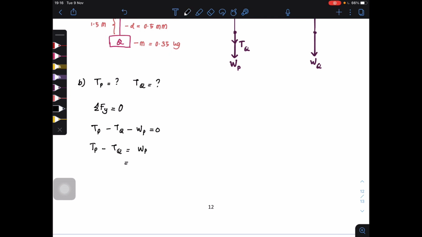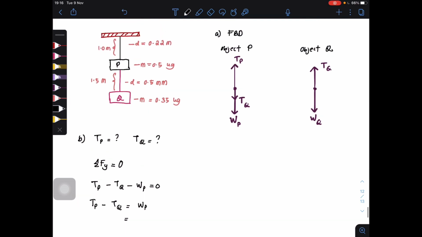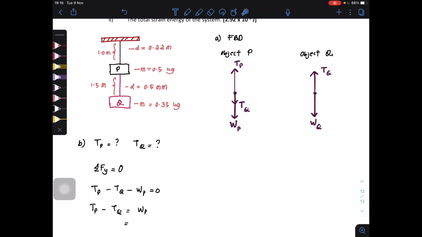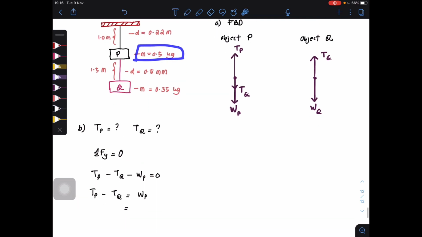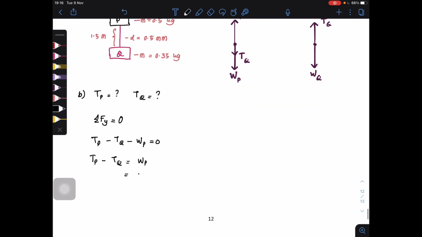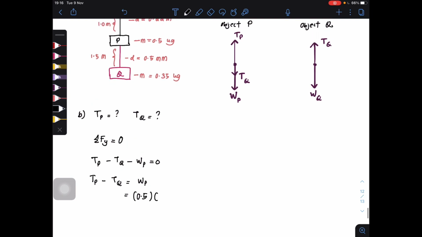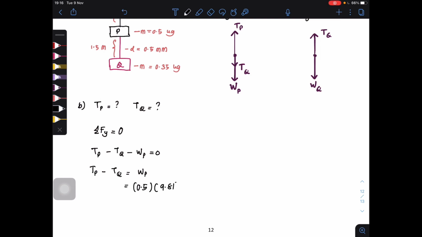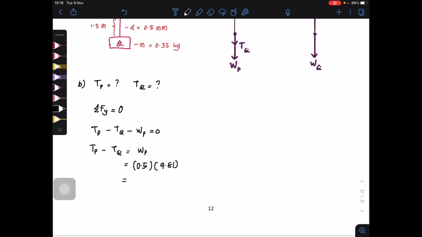So mg, the mass of the object P. So make sure kalau P dekat sini maksudnya mass of the object P, 0.5, direct dengan gravity 9.81. So kita akan dapat it is equal to, okay, let me calculate that real quick.